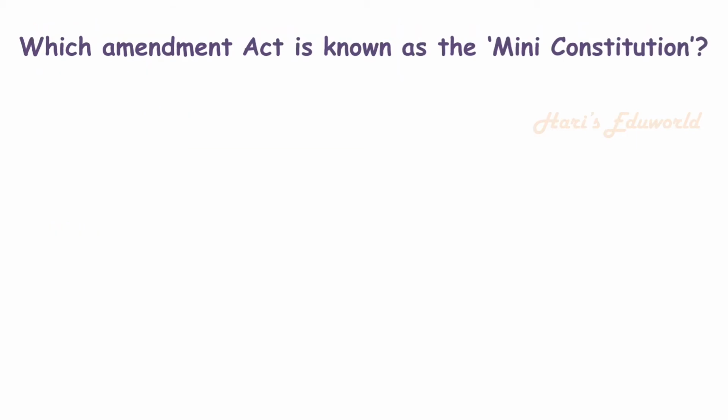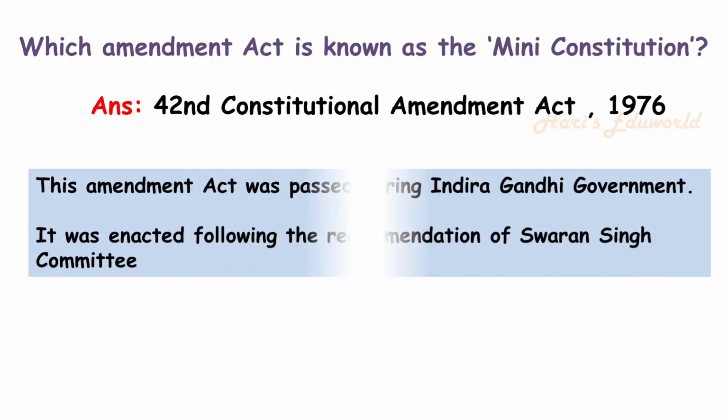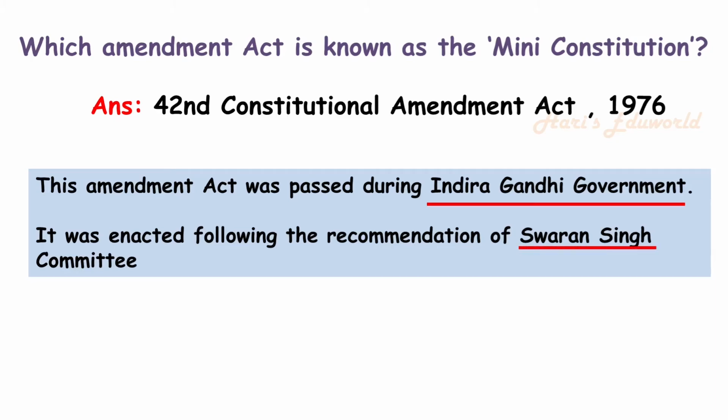Which Amendment Act is known as the Mini Constitution? It's a very important question. Answer the 42nd Constitutional Amendment Act 1976. So let me add few more points related to this amendment. This Amendment Act was passed during Indira Gandhi government, and this amendment was enacted following the recommendation of Swaran Singh Committee.